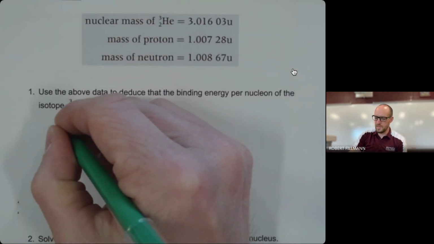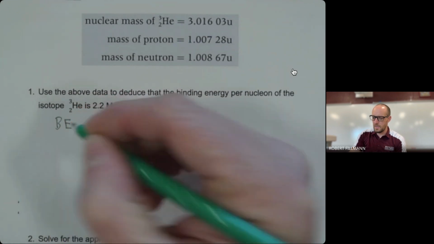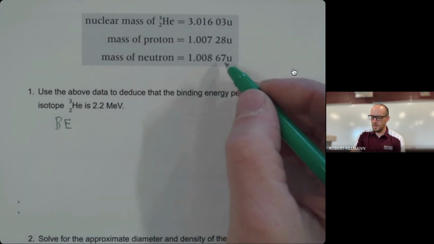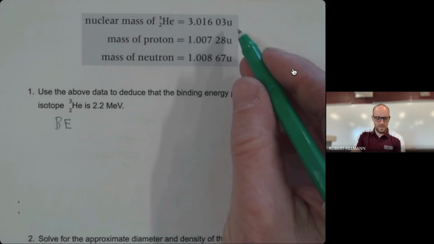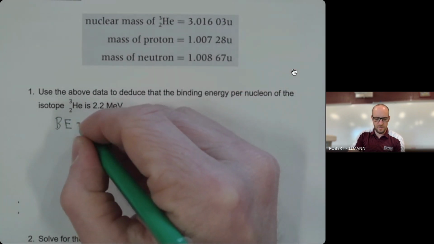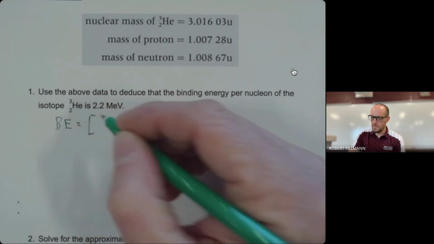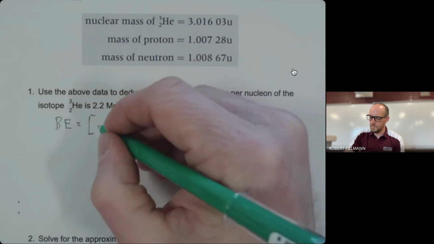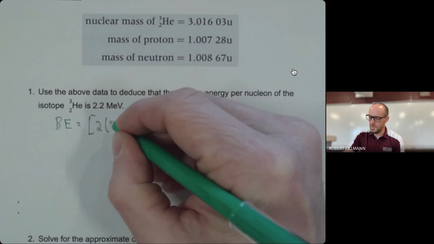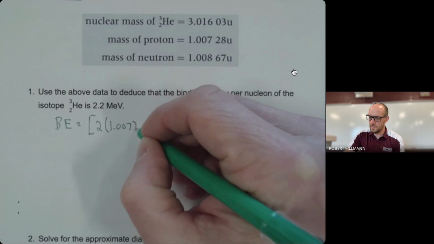So again, this is another binding energy calculation. And what I'm going to do is just look at the parts afterward minus the mass that we started. It's just a difference between those. So let's see, this has 2 protons. So when it's pulled apart, we'll have the 2 protons.